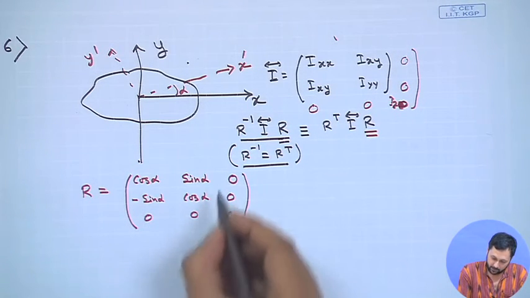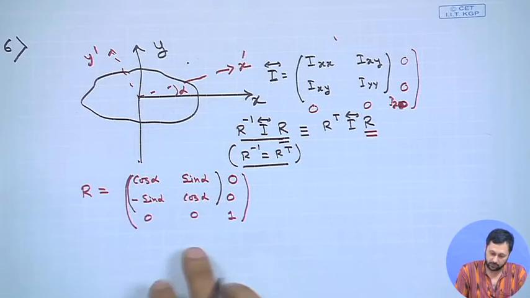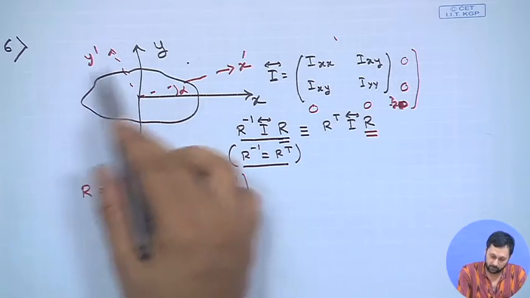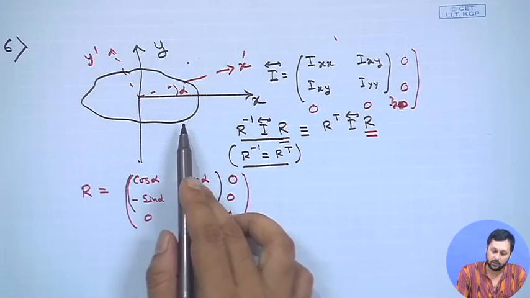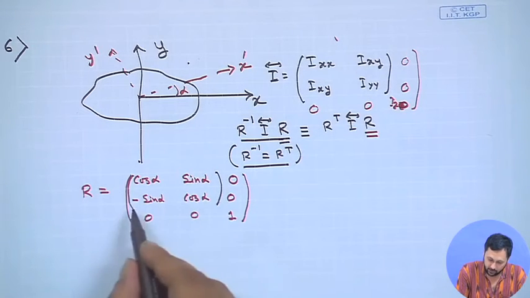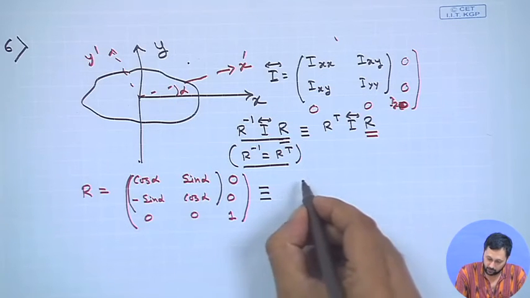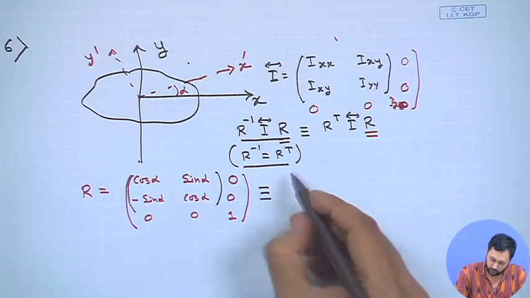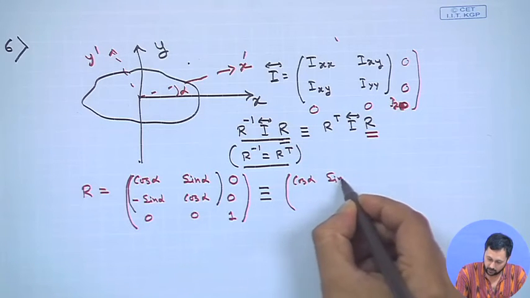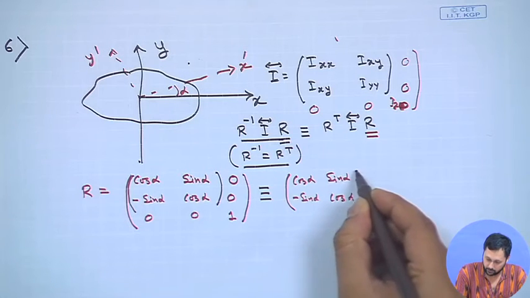In a similar manner, we will be using only this part of the rotation matrix also. Essentially it's a 3D problem, but because the mass distribution is in 2D, we are just ignoring this part of the tensor. Similarly, we can ignore this part of the rotation matrix, and we can write down the final expression for the rotation matrix as cos alpha, sin alpha; minus sin alpha, cos alpha.